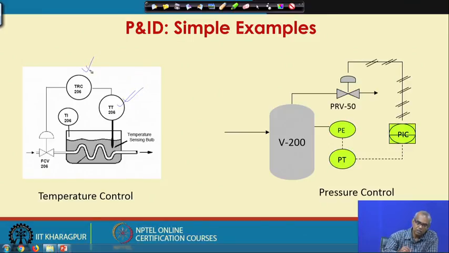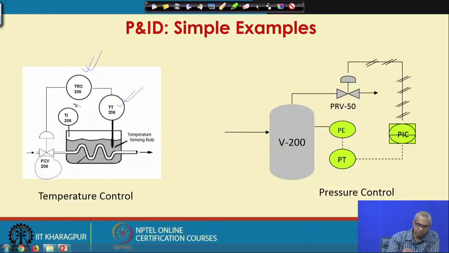This is TRC, temperature recorder controller, again locally mounted. This is FCV, flow control valve.